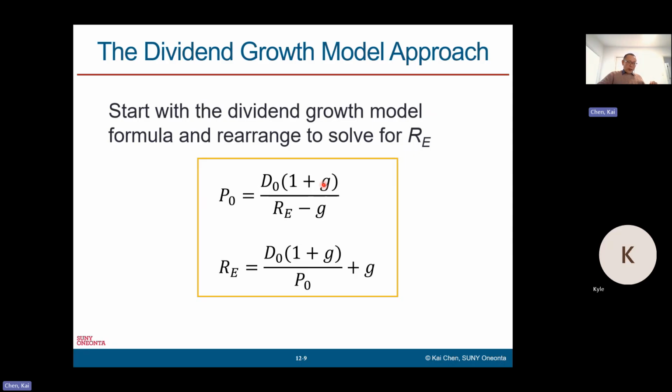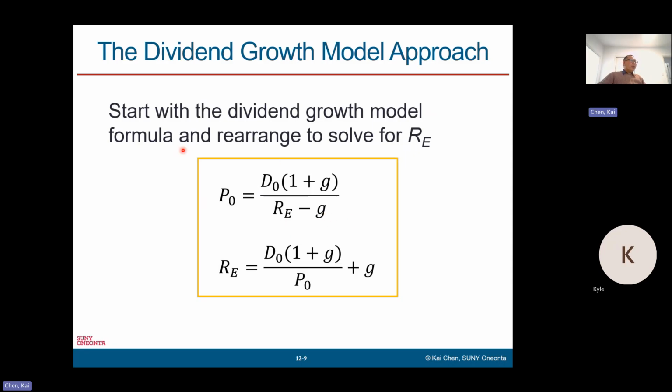We suppose that in the infinite future, dividends will grow at a constant rate G, then divided by RE minus G, where RE represents the cost of equity, or the required rate of return of equity.